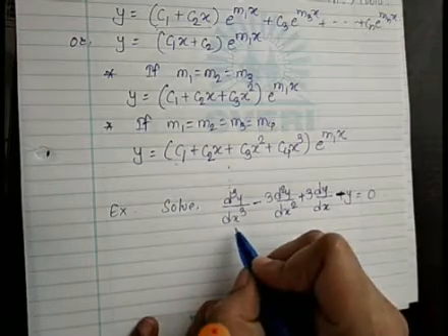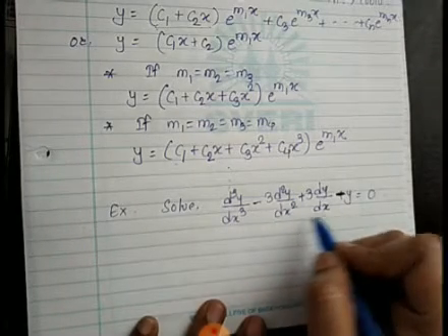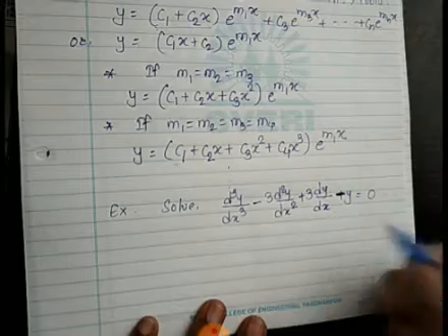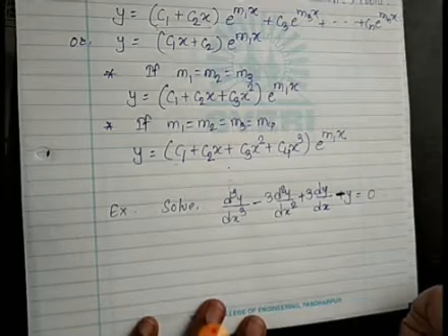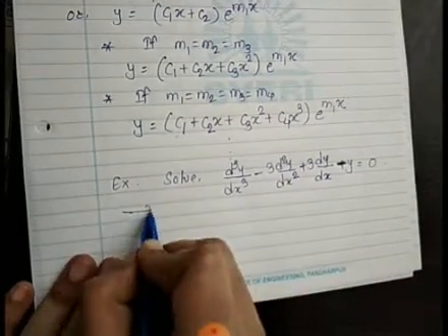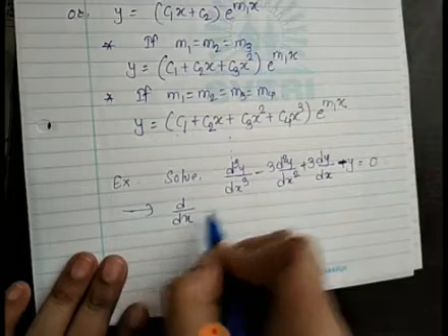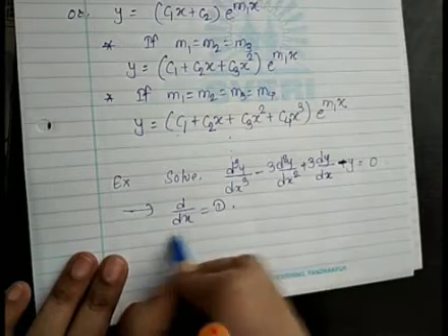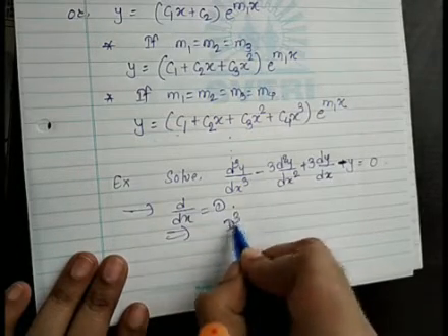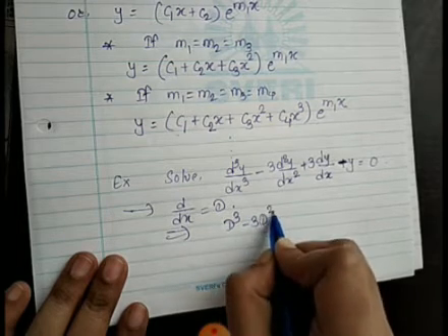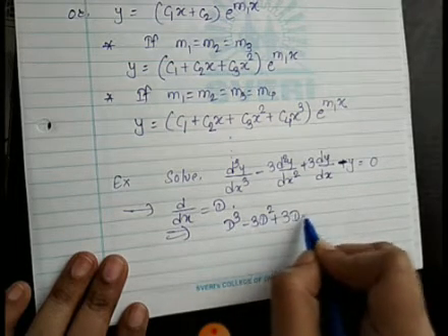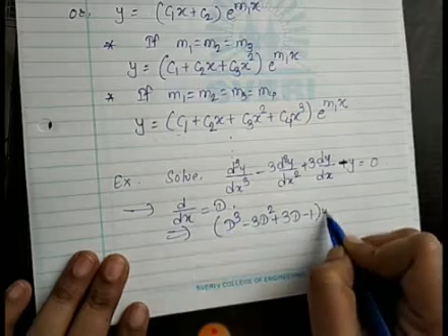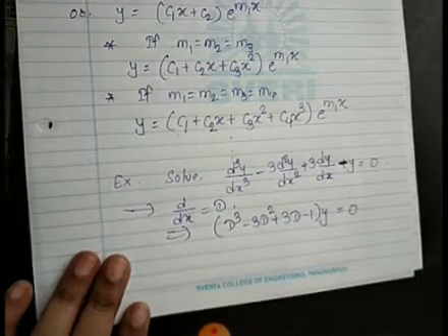d cube y by dx cube minus 3 d2y by dx square plus 3 dy by dx minus y is equal to 0. So your first job is to write d by dx as capital D. So your equation will be d cube minus 3d square plus 3d minus 1, y common, which is equal to 0.